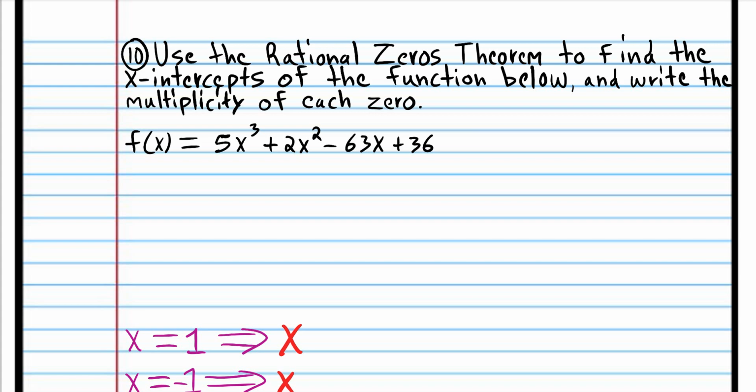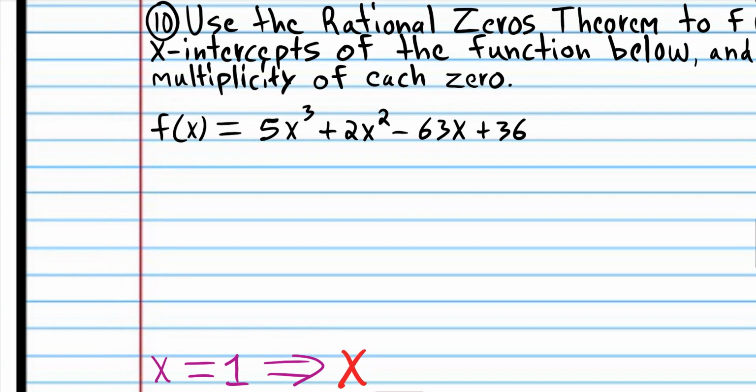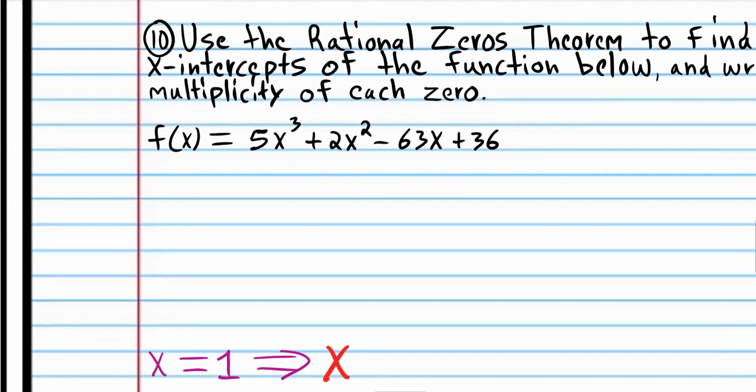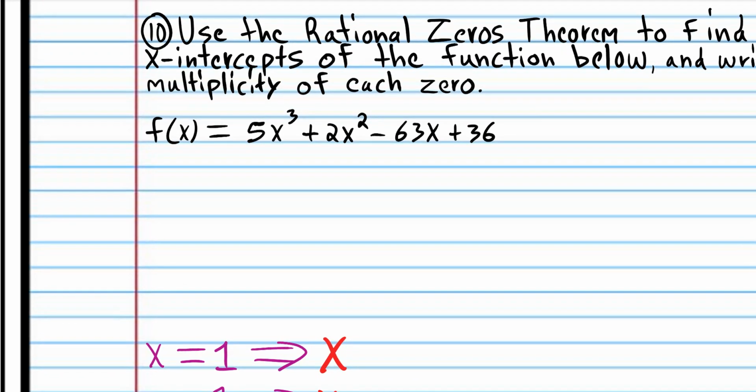There are some slight differences when you're talking about x-intercepts, but generally speaking, we're talking about the same thing. So we're going to find the x values that make this expression 0. Again, those are x-intercepts. So we're going to use the Rational Zeros Theorem as we did in all the other problems.